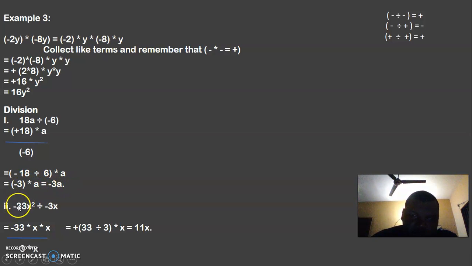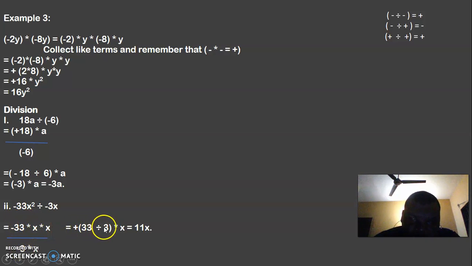The second example says minus 33x squared divided by minus 3x. Like we did again, minus 33 times x, because we have x squared here, divided by minus 3 times x, which now gives us plus, because minus divided by minus will give us plus.